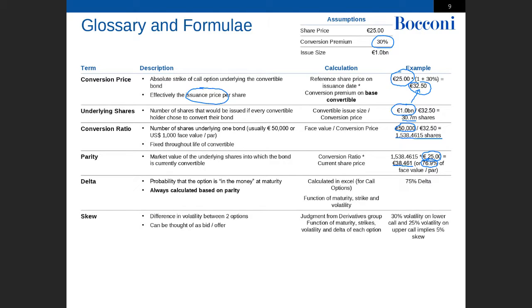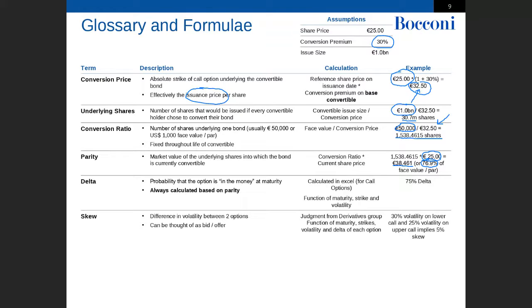Because you calculate the conversion ratio on the share price which triggers the conversion, and this price is higher than the initial share price when you issue the bond, at the moment of the issuance of the convertible for the equity investors, the parity of the bond is approximately 77%.